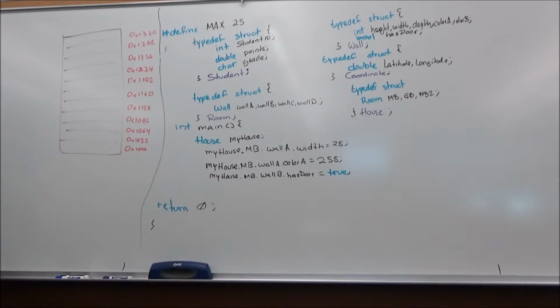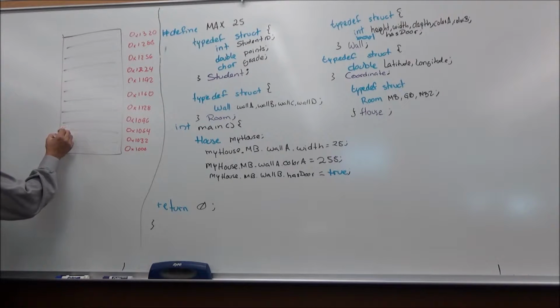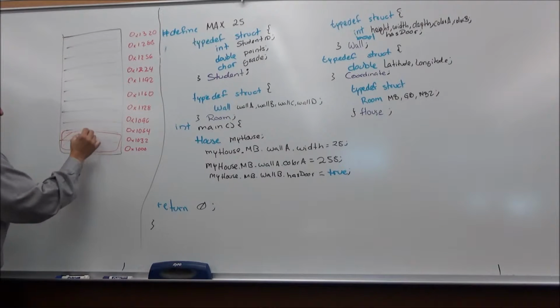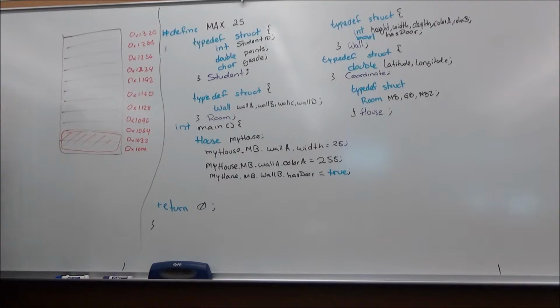So when I declare a wall or declare a room, the first thing it's gonna do, okay, I'm gonna assume this is a wall, just this much, because I'm running out of space. Right? So this is wall A inside the room.